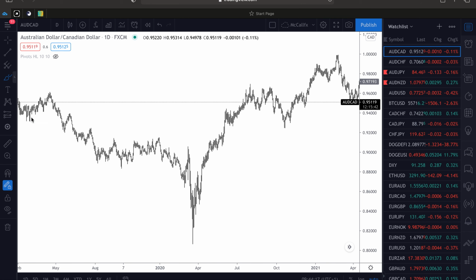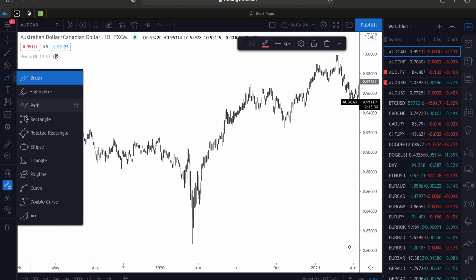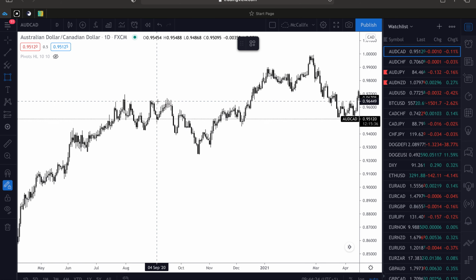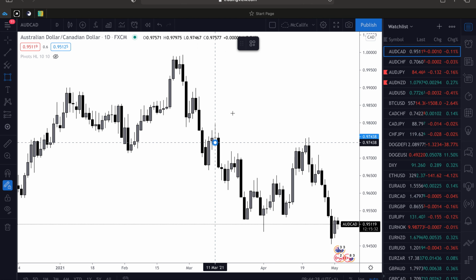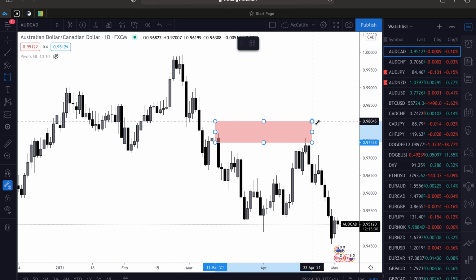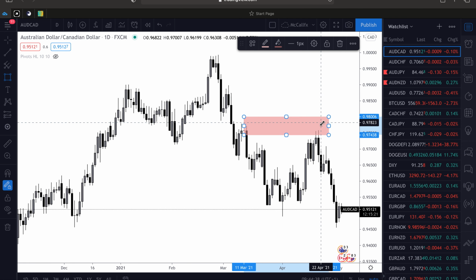On the daily time frame we have this nice supply structure around this side. I'll be explaining this in detail when I talk about demand and supply, and when we talk about smart money concepts in detail, on how to get specific entries and look at in-depth market structure. I'm going to have a separate video for that.